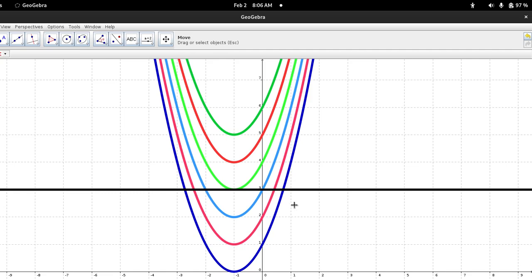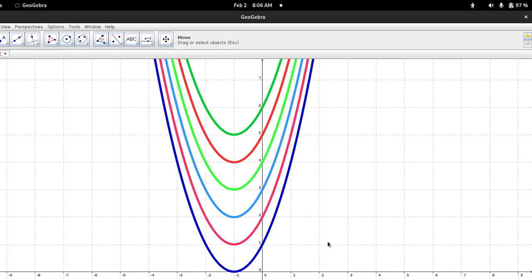They don't have an envelope, right? These curves don't have an envelope. There's nowhere that they actually meet, and you cannot draw a line that is tangential to all of them, right?